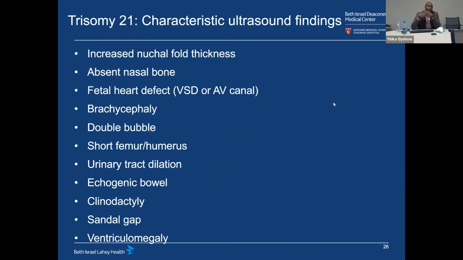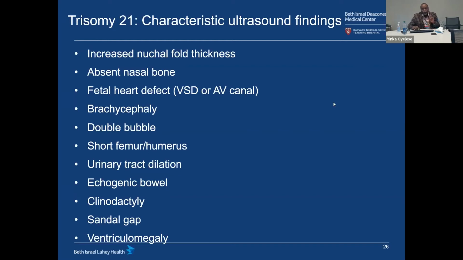So at the same time, ultrasound advanced and many findings were found in babies with Down syndrome. And here's a list of them: increased nuchal fold thickness, absent nasal bone, fetal heart defects, brachycephaly, which is the round head, double bubble, which is consistent with duodenal atresia, short femur or humerus, urinary tract dilation, and so on.